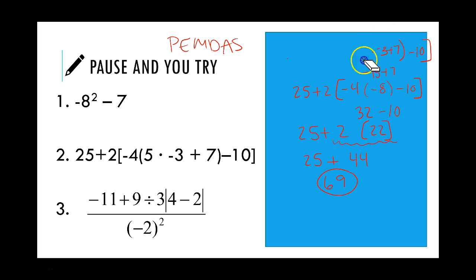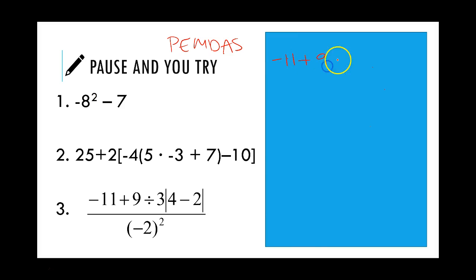All right, and the last one looks like our fraction ones that we did. So I have negative 11 plus 9 divided by 3, absolute value 4 minus 2, all over negative 2 squared.